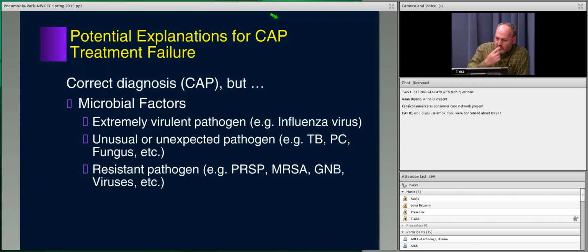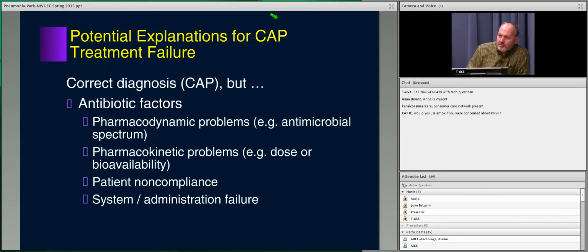Again, maybe it's the correct diagnosis, but there's something wrong with the bug. It's not one of those algorithm bugs. It's something very virulent like influenza, or unusual like TB or pneumocystis or some kind of fungus, or resistant. Those things we don't treat for in everybody, but sometimes we have to go back and consider.